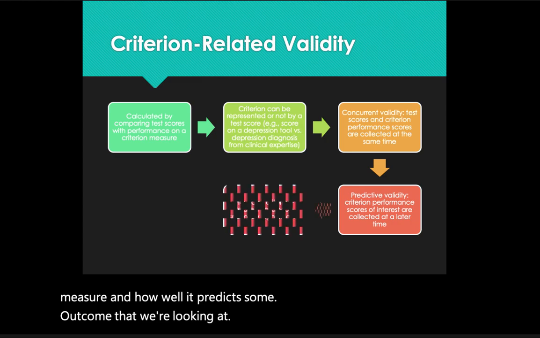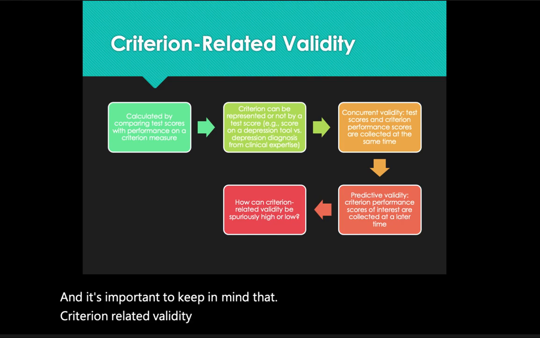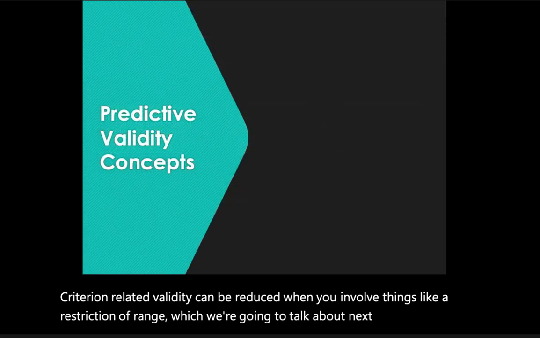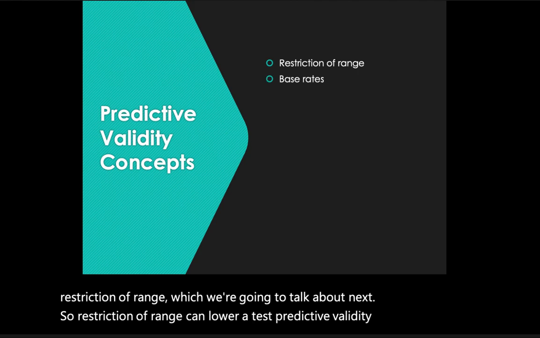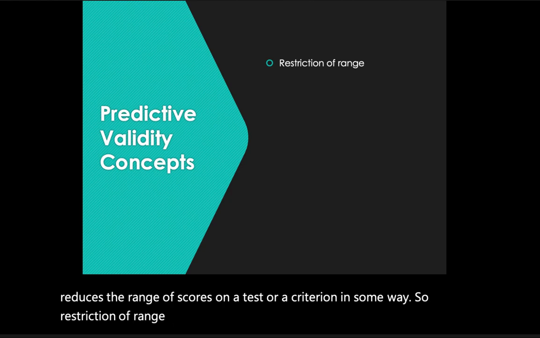And it's important to keep in mind that criterion-related validity can be reduced when you involve things like a restriction of range, which we're going to talk about next. So restriction of range can lower a test's predictive validity because it reduces the range of scores on a test or a criterion in some way. Restriction of range occurs often if you are giving a test and you eliminate people who have low scores.